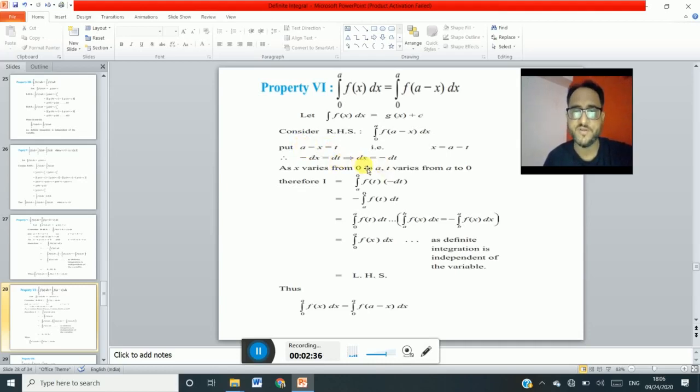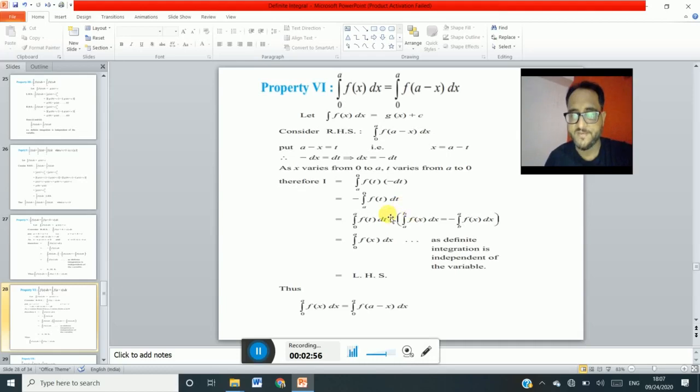And if we put x equals a, then we get t equals 0. That means the limit changes from a to 0. So therefore I becomes integration from a to 0 of f of t times minus dt. That negative sign is a constant, so take it outside the integration: minus integration of a to 0 of f of t dt.